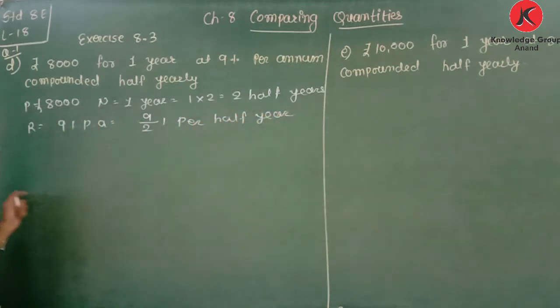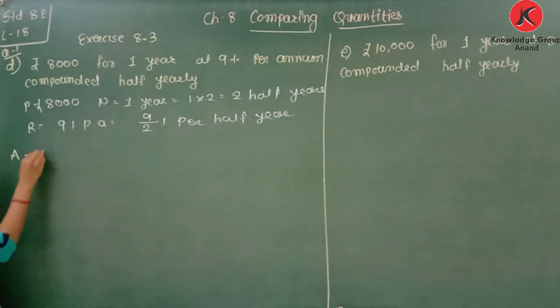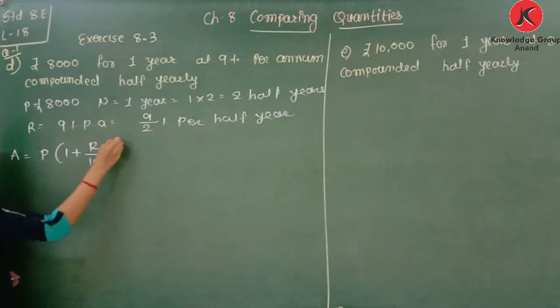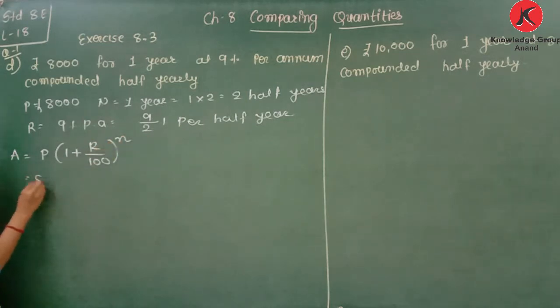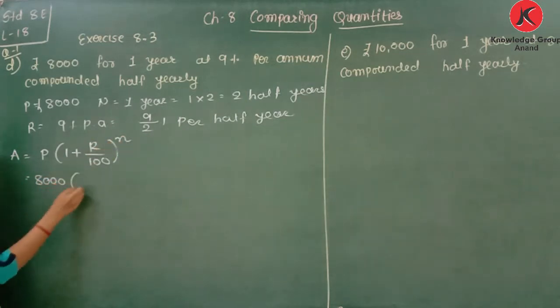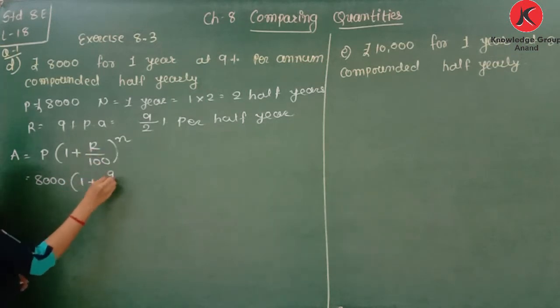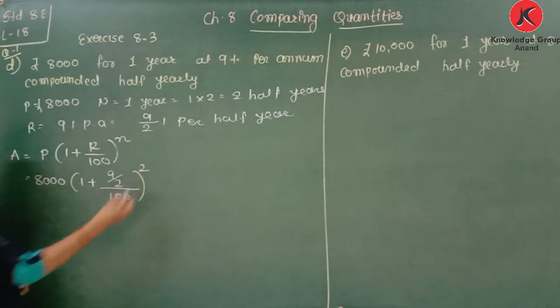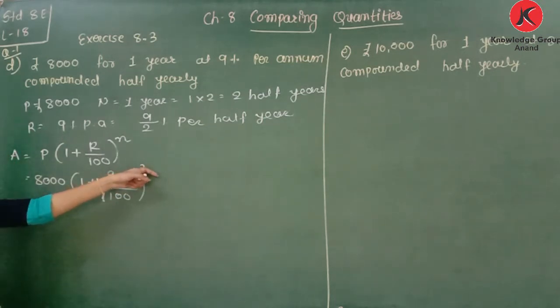Now we can use the equation: amount is equal to P times the bracket 1 plus R divided by 100, raised to N. Principal value is 8,000, rate of interest is 9 by 2 divided by 100, raised to 2 because there are 2 half years.